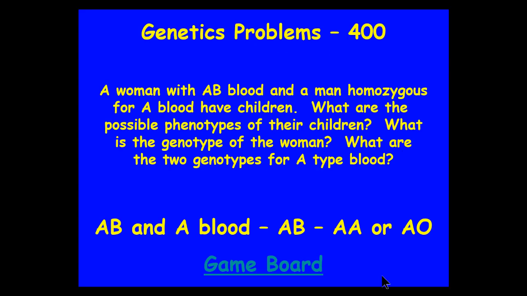Okay, here's what that looks like. A blood can be big A, big A, or big A, O, heterozygous, and that is also the answer right here.